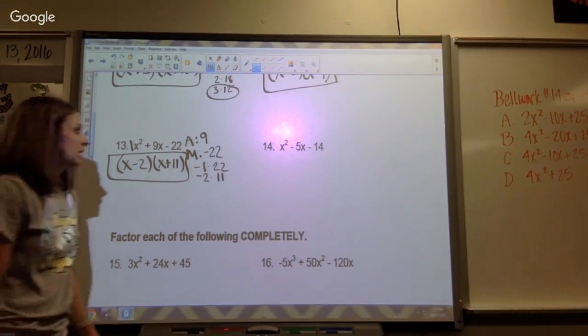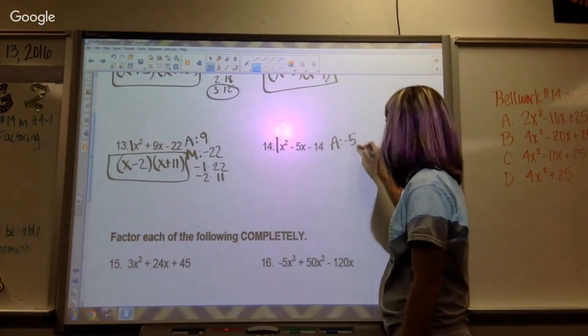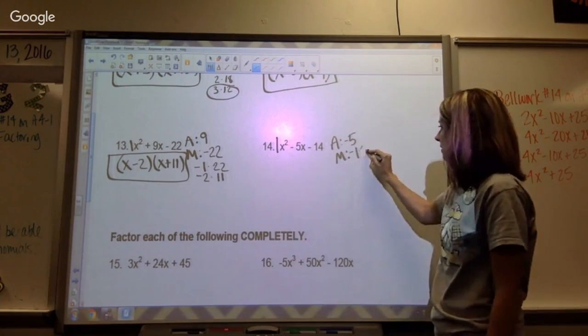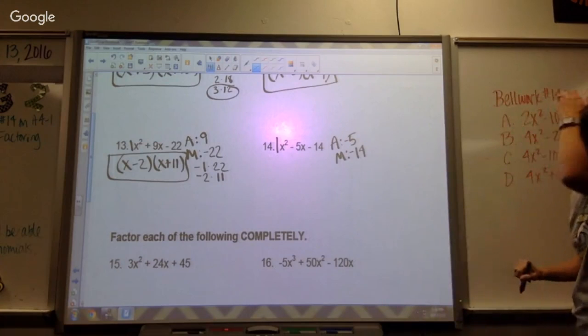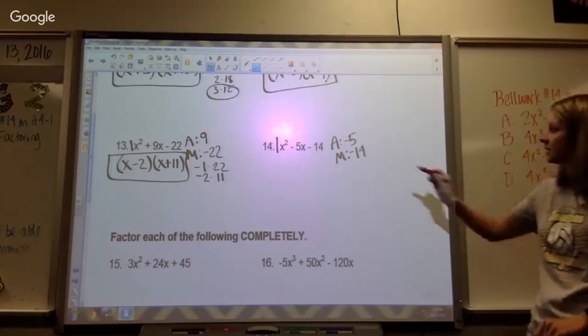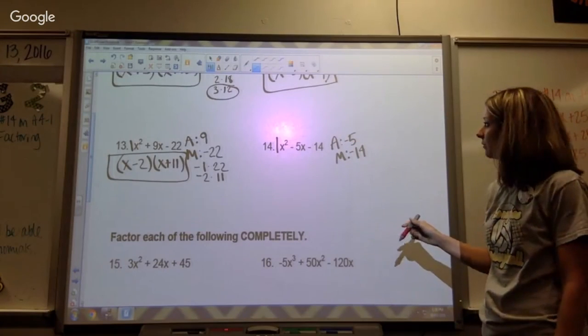Okay, the last one in this section, 3 terms again, adding to the middle number, negative 5, multiplying to your outside number, which is negative 14. Since we're adding to get a negative, multiplying to get a negative, only one of them needs to be negative.